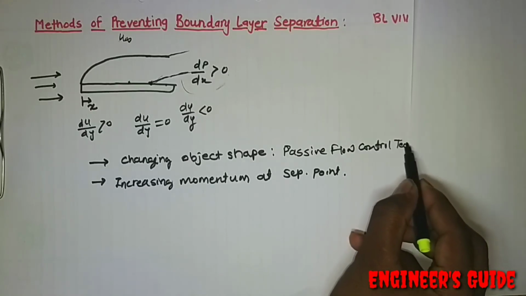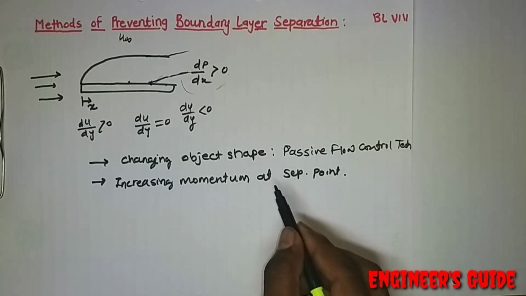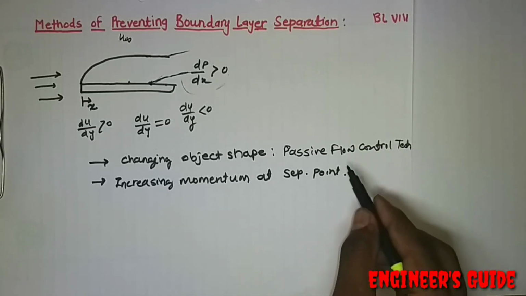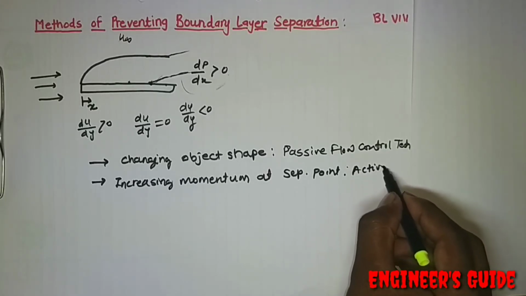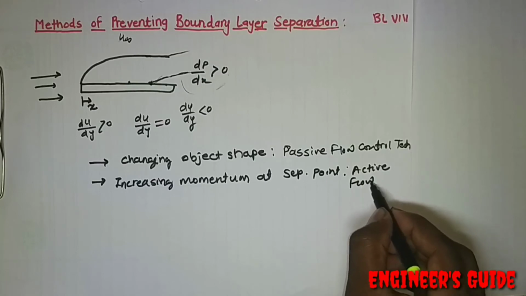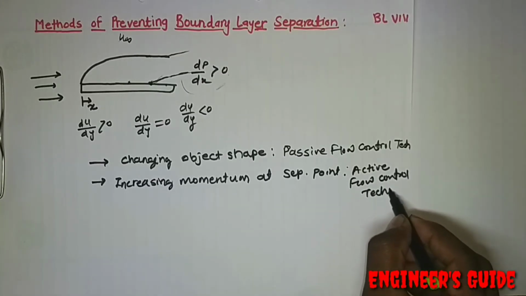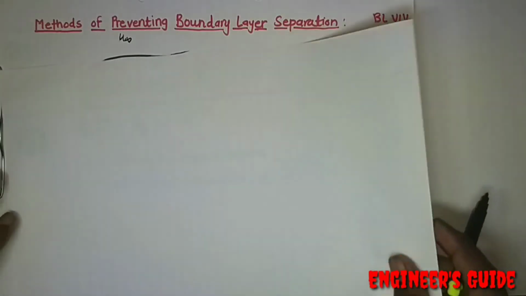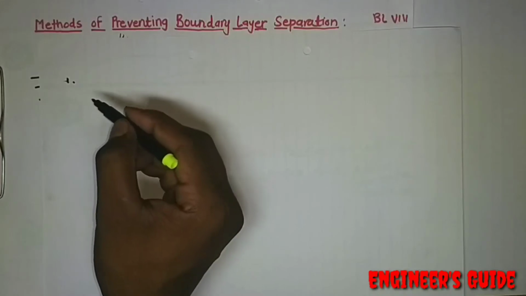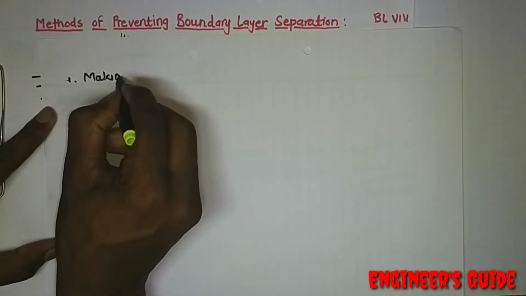But for increasing momentum, we need to give extra energy to the particle from outside, so we can say it is an active flow control technique. Now we'll see examples from both. First example, making the body streamlined.